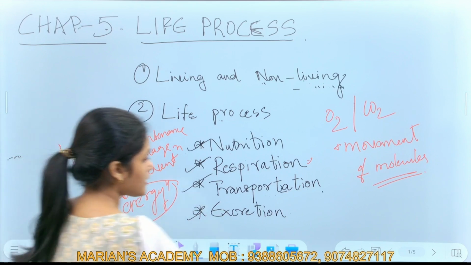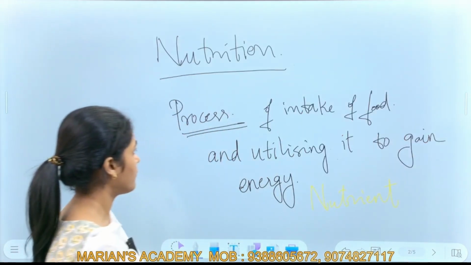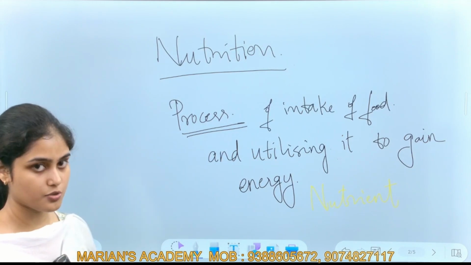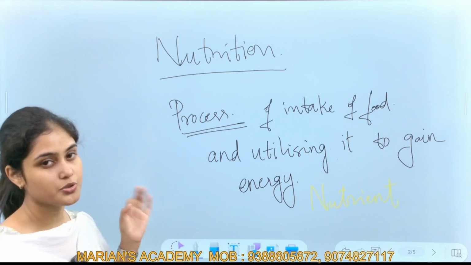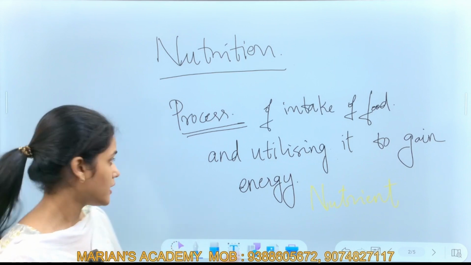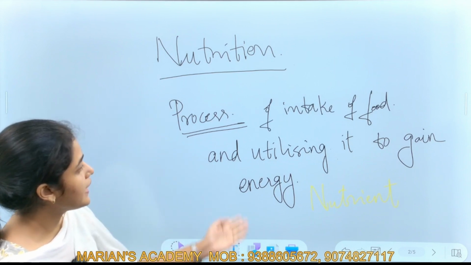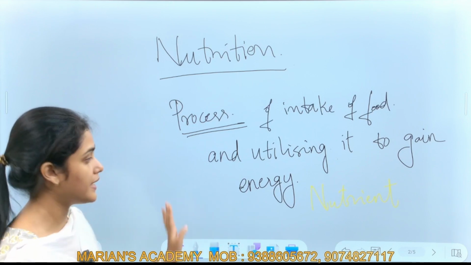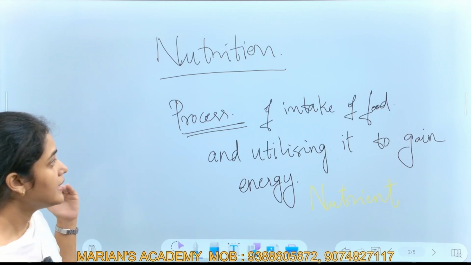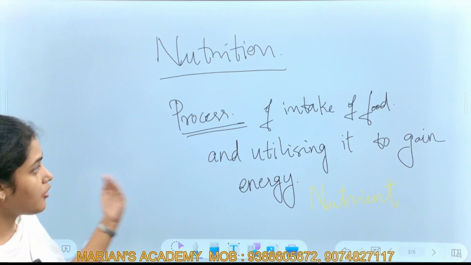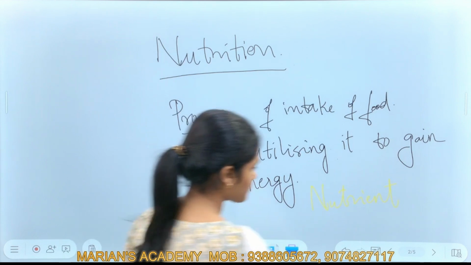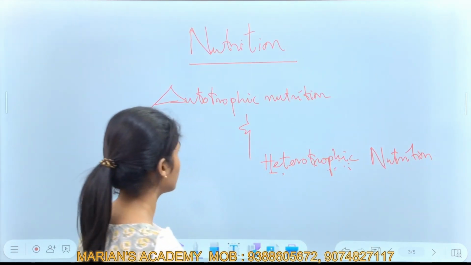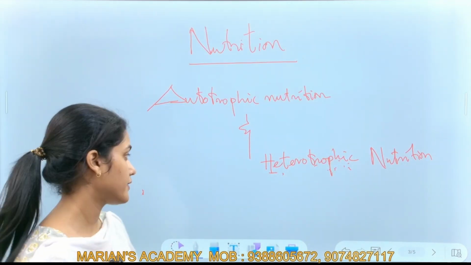Then we took them one by one. First nutrition, with definitions, especially the terms we use, which should be scientifically precise: the process of intake of food and utilizing it to gain energy. Then we talked about the nutrient. Then the two types of nutrition, autotrophic and heterotrophic.